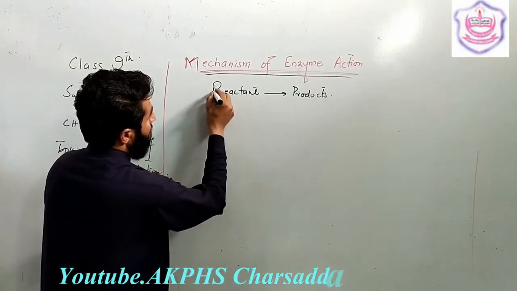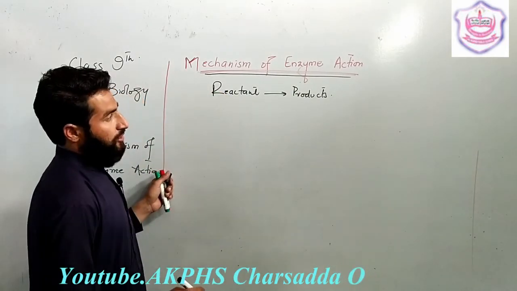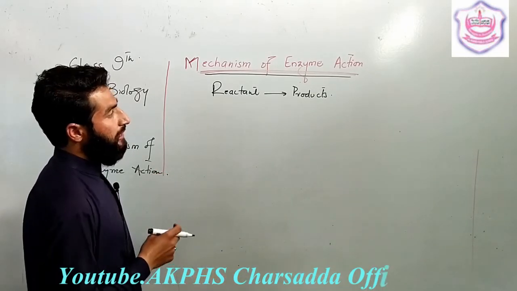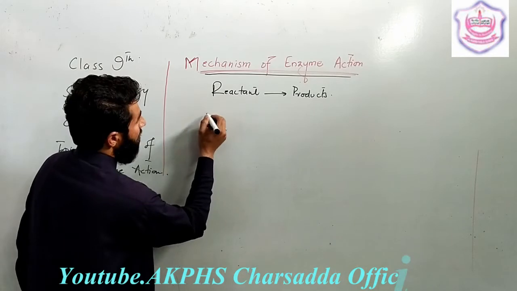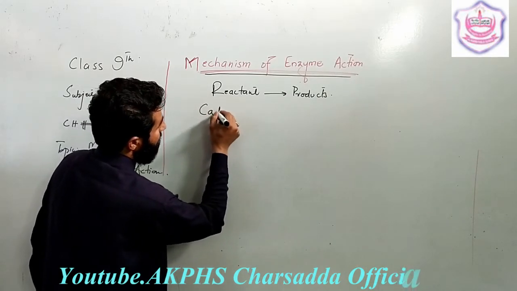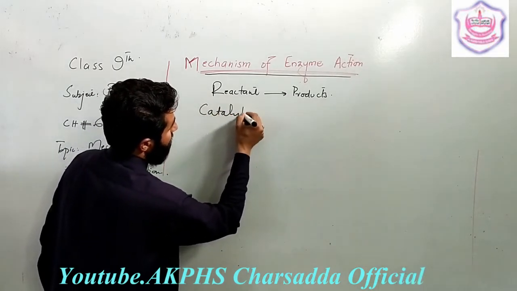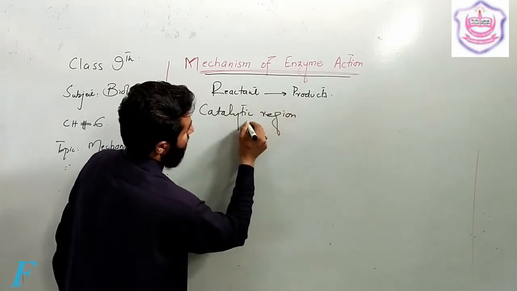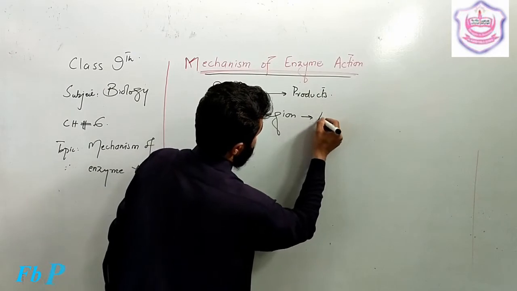Enzyme changes the reactants into products due to one thing, that is the catalytic region, also called the active site.